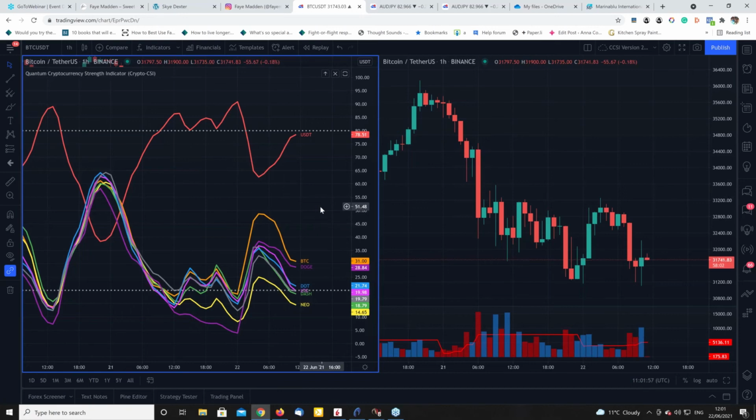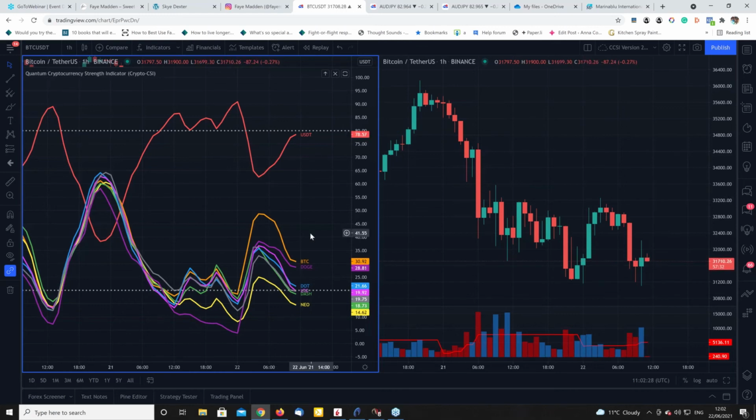But essentially, it does a similar sort of job, because we've created this to give you a visual perspective on what is going on across 8 cryptocurrencies. The red line is the equivalent of the US dollar, but it's actually the tether equivalent, because all of these are quoted against the USDT, which is the tether dollar denomination.